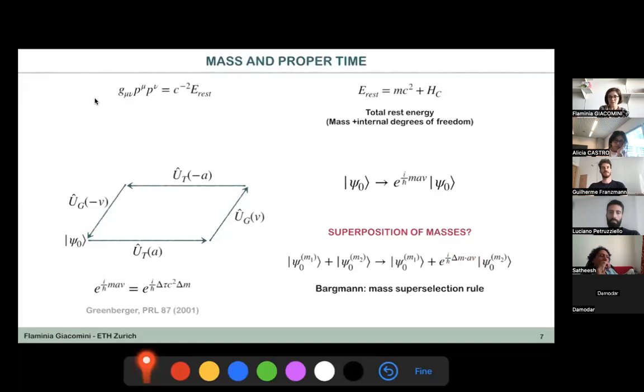It's just a fact that we have to accept, just some proper time effect that shows up also in the Galilean regime, in the limit. So all this is to say that we shouldn't be surprised if a superposition of masses just gives us a relative phase, but it's just some normal physical effect that we should expect.